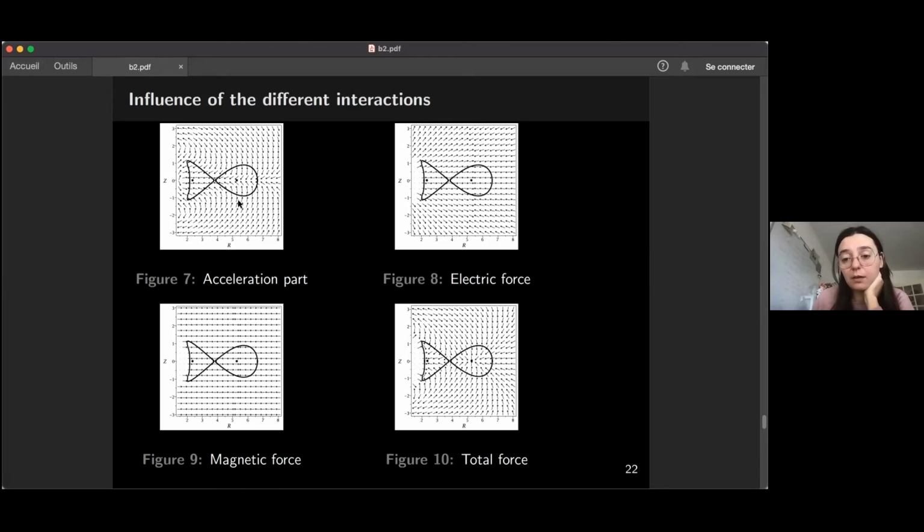And if you remember the picture where we have the equipotential surfaces of the double tori, all the matter was mainly in the first torus on the left. This is probably due to the acceleration part and the gravitational part, which is way bigger than the electromagnetic part.